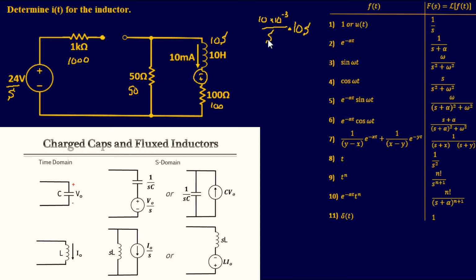The good news is when you do that, the S's cancel out, and you're multiplying 10 to the negative 3 times 10, which means instead of 0.01, you multiply it by 10, which gives you 0.1. So that's what our voltage is going to be right there. It's not even going to be 0.1 over S, it's just going to be 0.1.